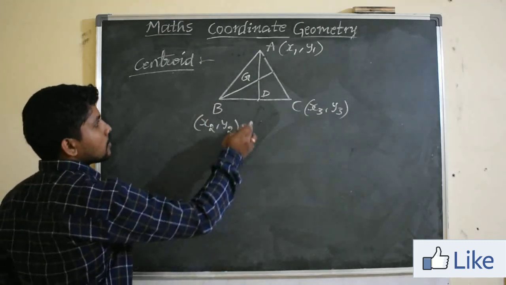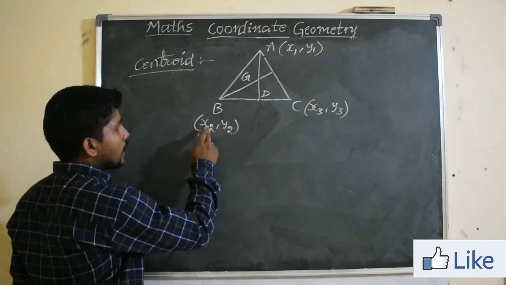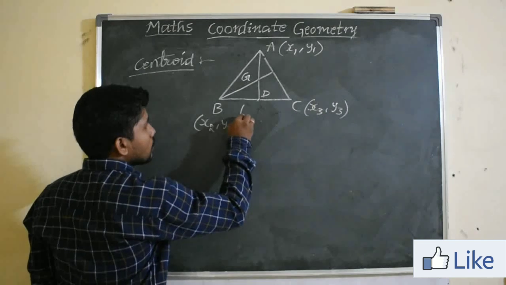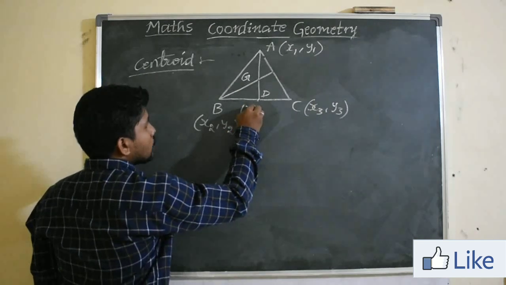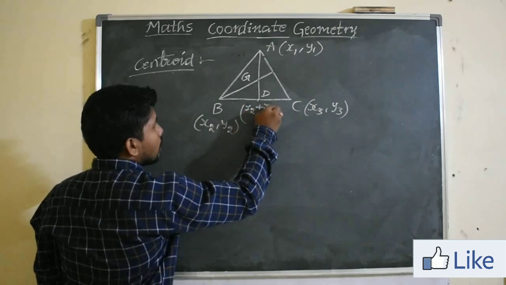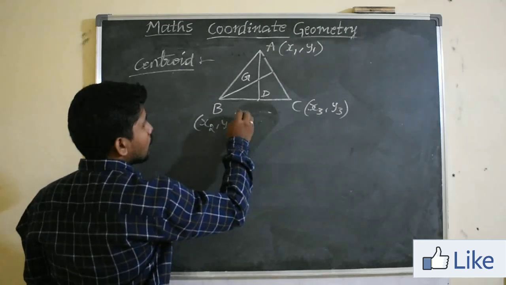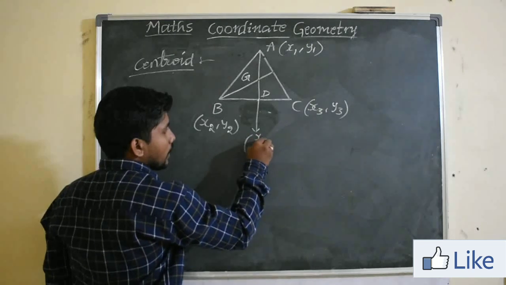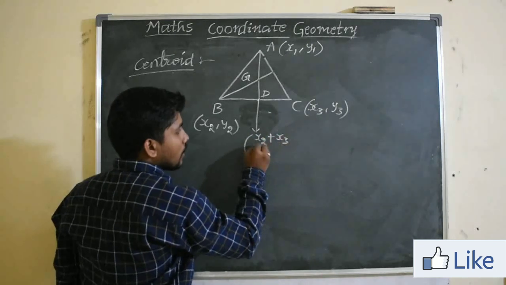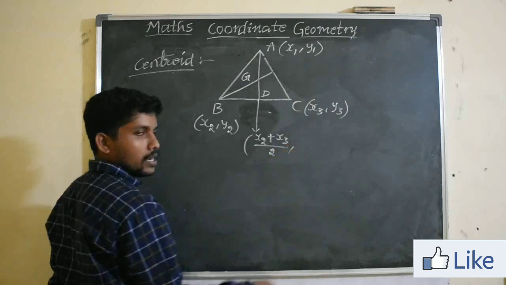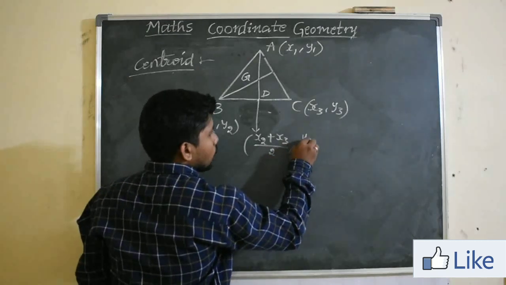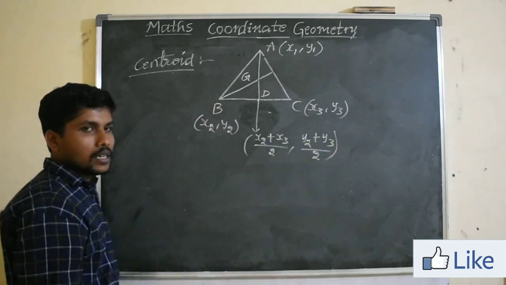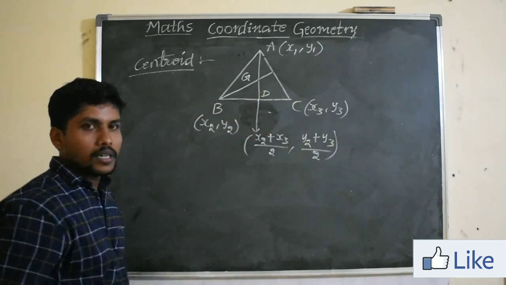So we already learned the midpoint formula, that it is average of the x coordinates as well as average of the y coordinates. So this point will become the coordinates x2 plus x3 by 2, comma y2 plus y3 by 2. This is the coordinate of this point D.